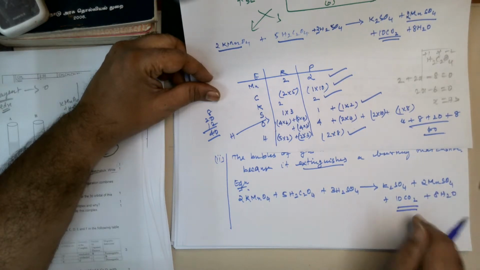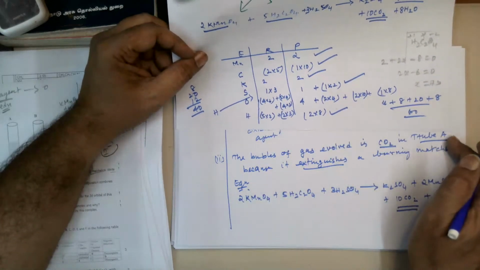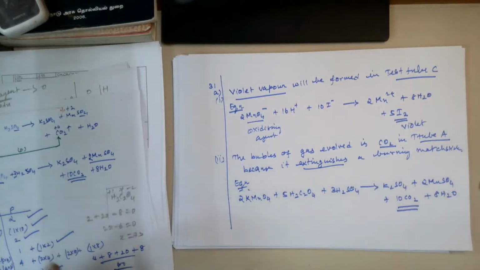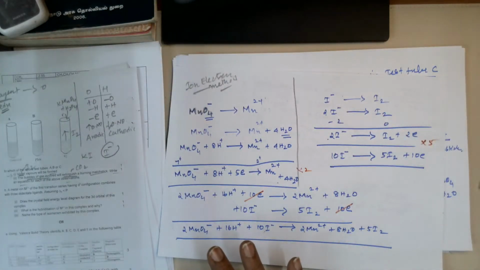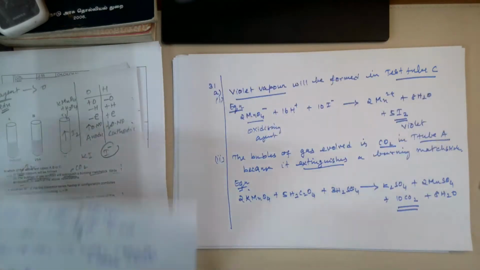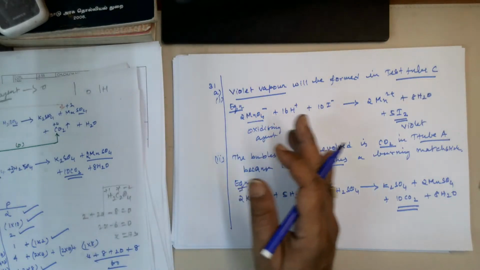So this is because of the CO2 which is released at test tube A, that extinguishes the matchstick. This is the way you present the answer. But what about these? These are all illustrations. Okay, so you would have written everything as I do, but it should be done very fast. But at the same time, when you finally present the answer, you are expected to present the answer very nicely like this only.